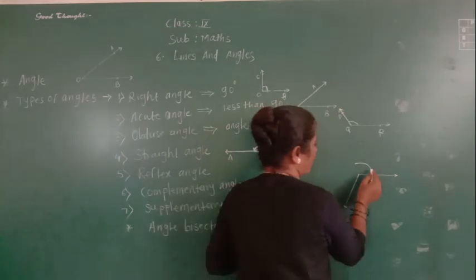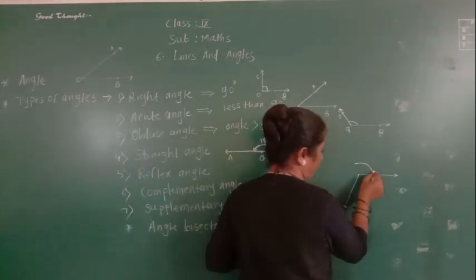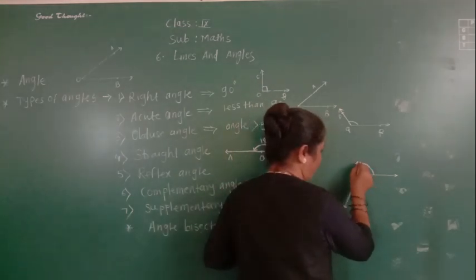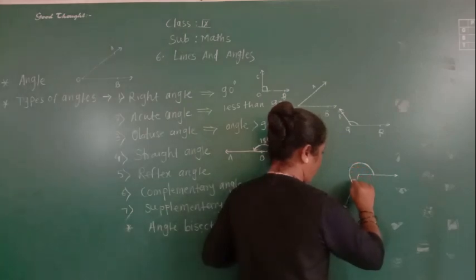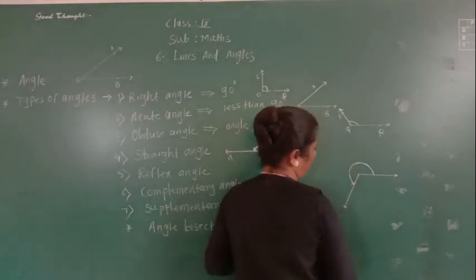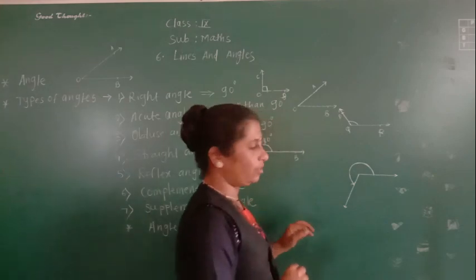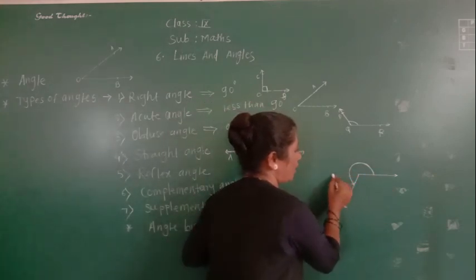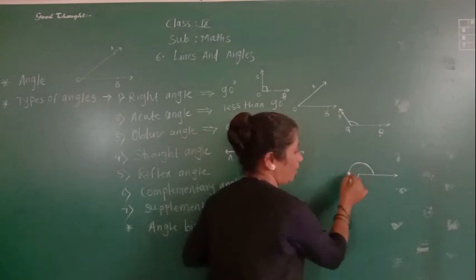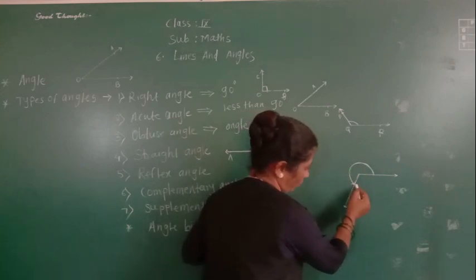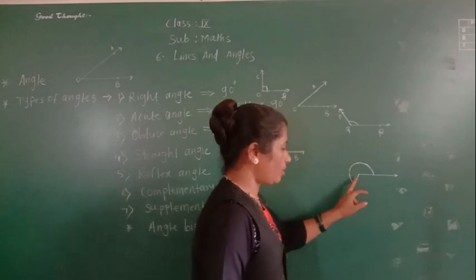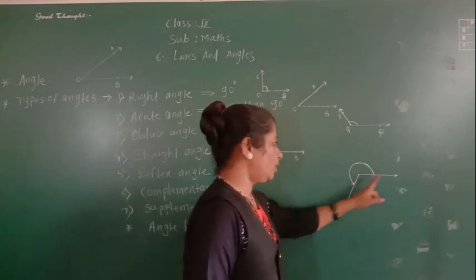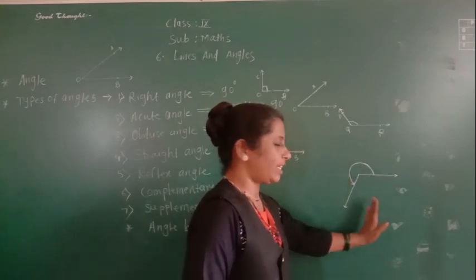So the angle measures greater than 180 but less than 360. So which type of angle is it? Reflex angle. When this ray comes here in the straight line, it forms how many degrees? 180 degrees. But it crosses 180, so it comes down. So it is greater than 180 but less than 360.